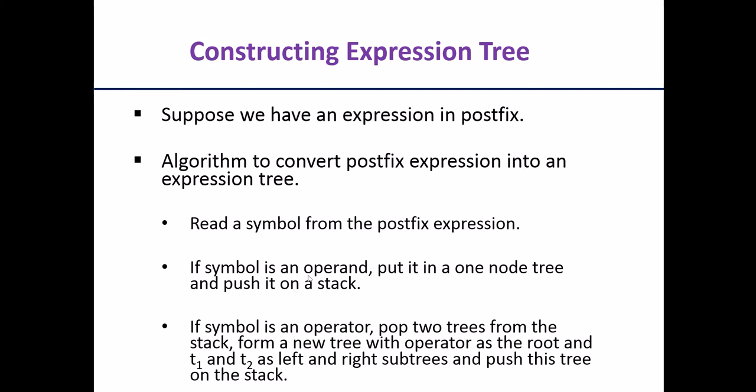That means we make a node and then push this node onto a stack. If the symbol is an operator, then we will pop two trees from the stack. That means two nodes. Form a new tree with the operator as the root node and T1 and T2 as left and right subtrees, and then the whole tree will be pushed back onto the stack.